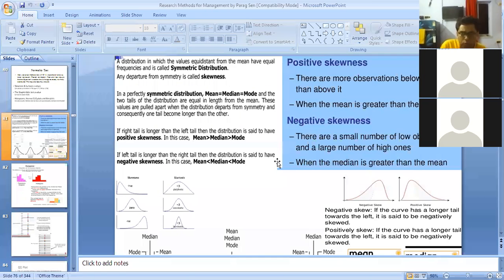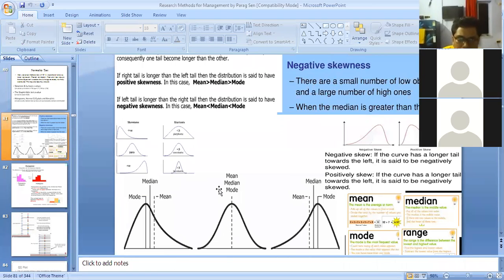So let's talk about the skewness. If you have a look at the perfect normal distribution, you will see that it is symmetric in nature. The two halves look just identical, just opposite but identical.